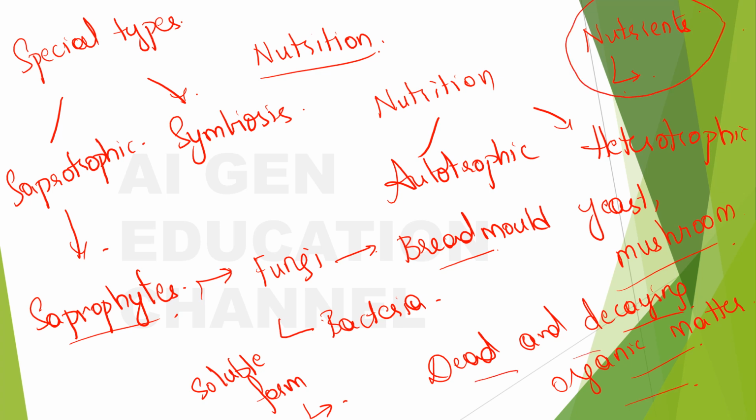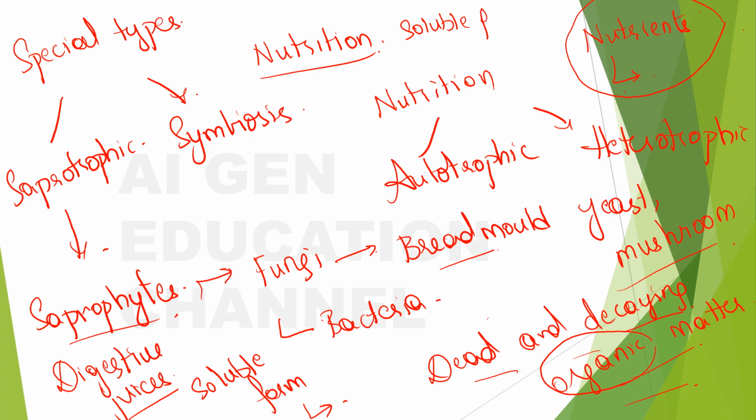Is it like they can just get it? No, they have their own mechanism. They secrete digestive juices, and these digestive juices act upon the dead and decaying organic matter, not to forget this word, and convert this matter into soluble form so that the saprotrophs can absorb it.